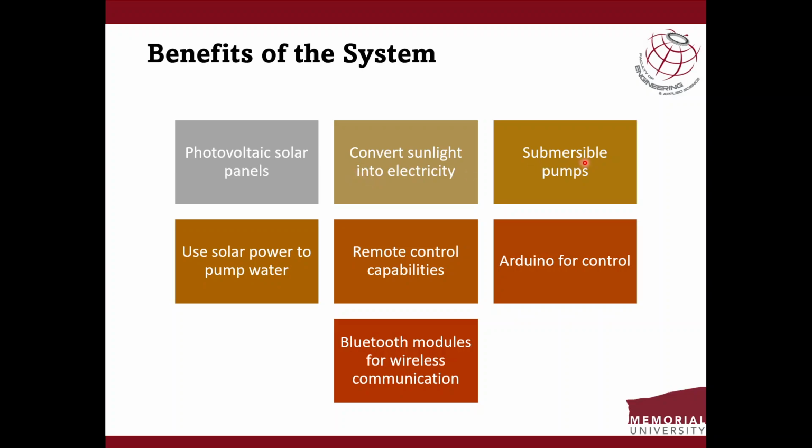We also use submersible pumps for our irrigation, and this ensures a reliable water supply. The remote control capabilities utilize the Arduino for control and Bluetooth modules for wireless communication, allowing efficient remote management of the system.